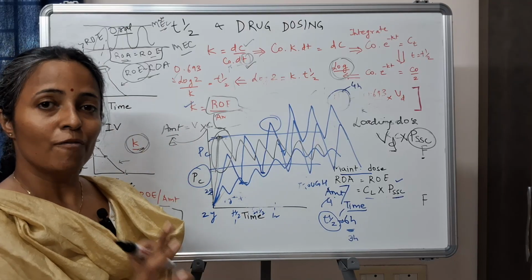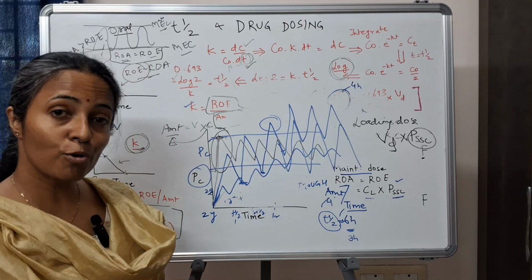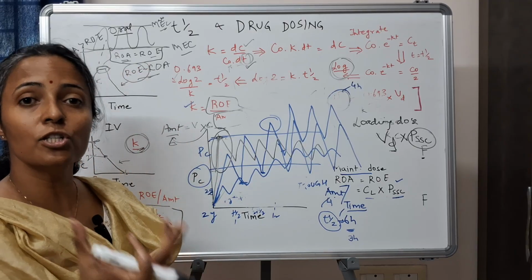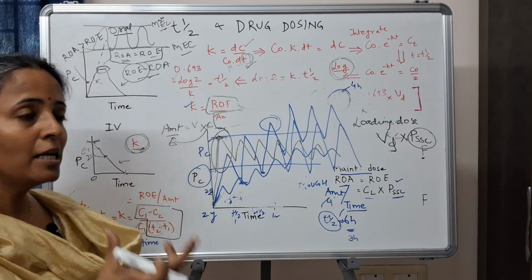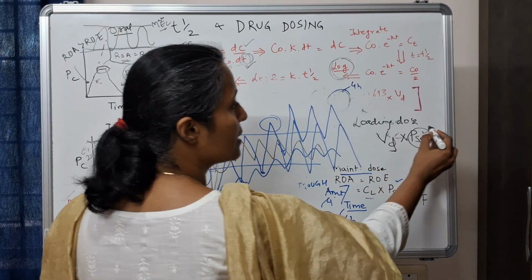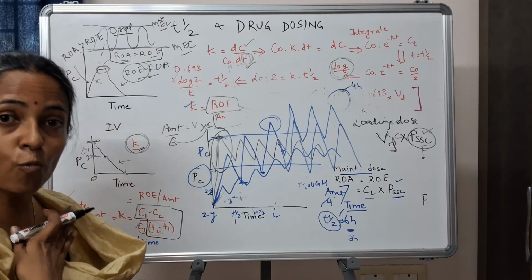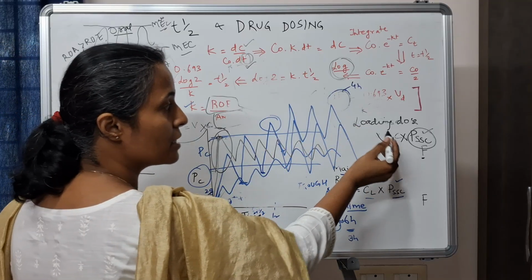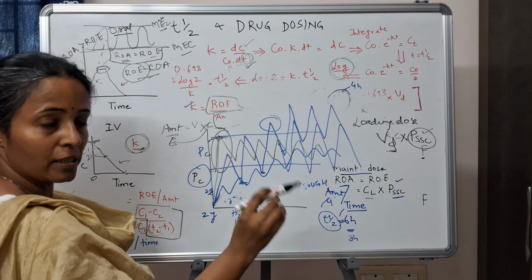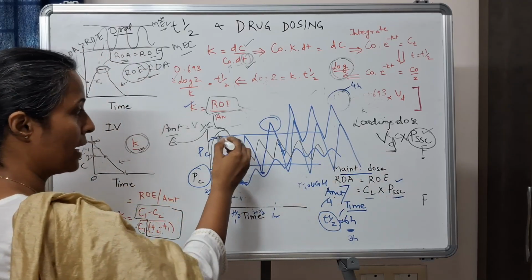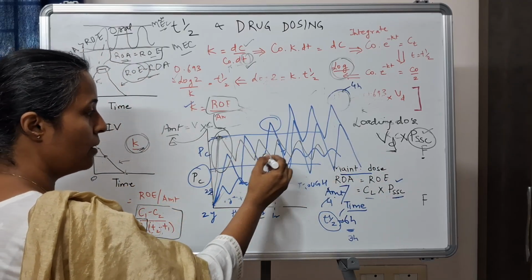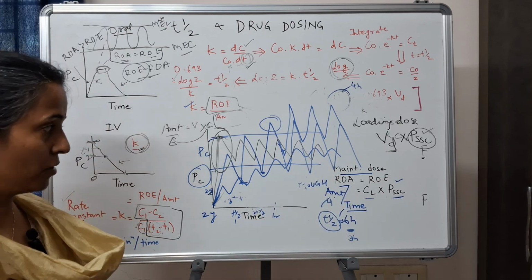So we have to determine that after distributing into the various volumes, the concentration which is achieved in the blood is equivalent to the plasma steady state concentration which we want. Okay, so loading dose doesn't depend on the clearance. It depends on the volume of distribution, and after that you give the maintenance dose as is required, right?